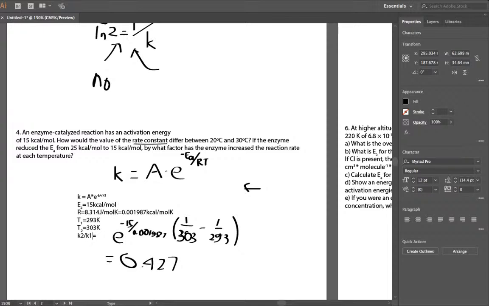If the T is lower, that would mean that EA over RT should be high. But if you have a higher T, it has a lower EA over RT. So basically, when the T is lower, the EA over RT is higher, but not the negative.